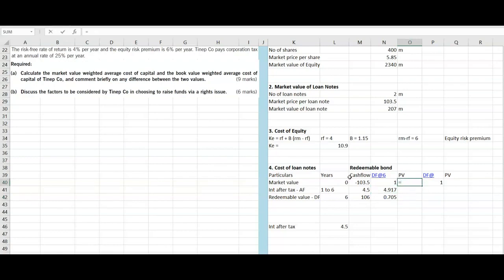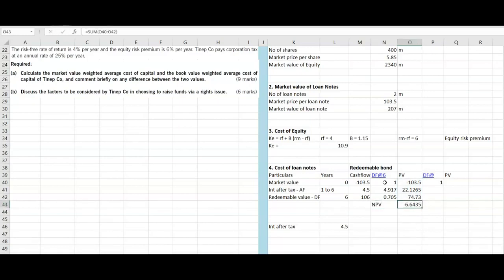So our job is very simple. We have to just multiply the cash flow by the discount factor that we found. We got the numbers. Add all these numbers, you will get the NPV.